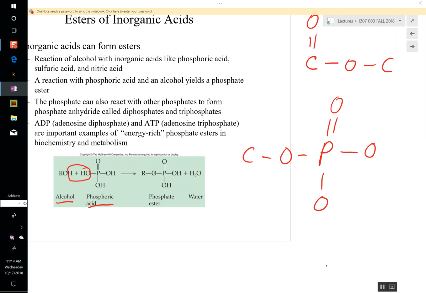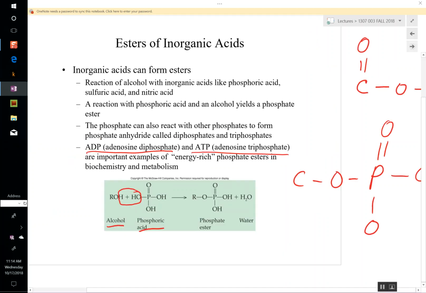These are very, very important in biochemistry. The DNA backbone is a sugar phosphate backbone, and it's phosphate esters, phosphate ester bonds going up through the DNA backbone. ATP is a phosphate ester, adenosine triphosphate, adenosine diphosphate. I think I got them on the next slide.